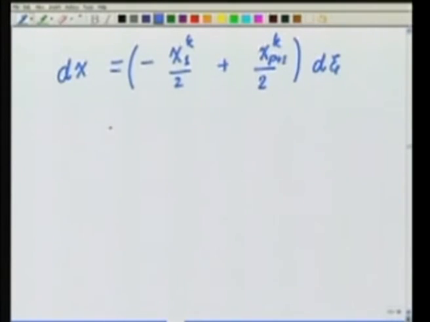So this is equal to, if I take this, what is x p plus 1 minus x1 for the element k? It is nothing but the size of the element k. So I can write it as hk by 2 into d psi.